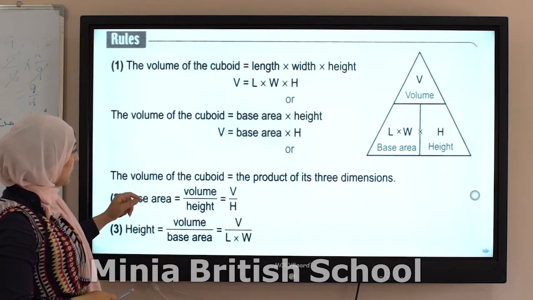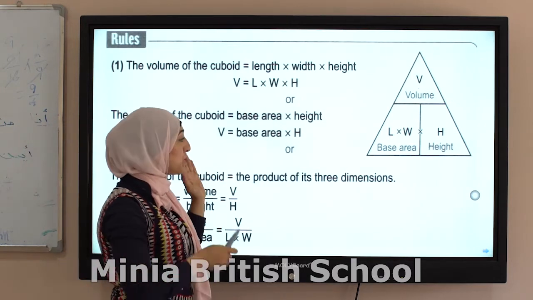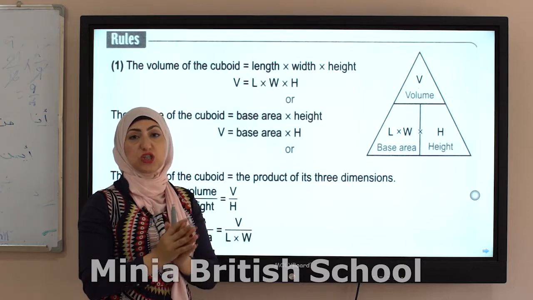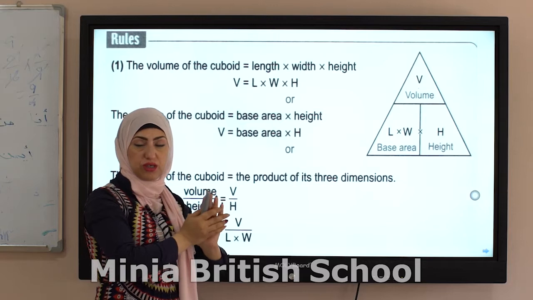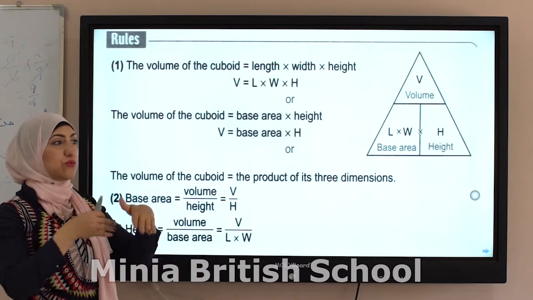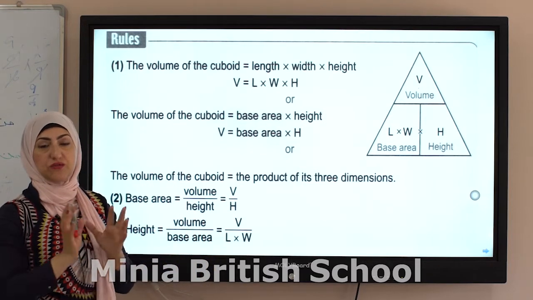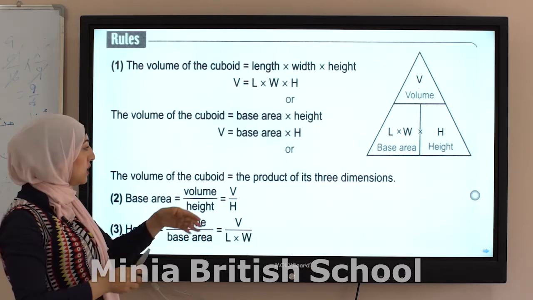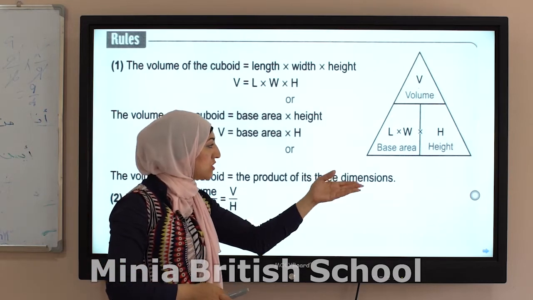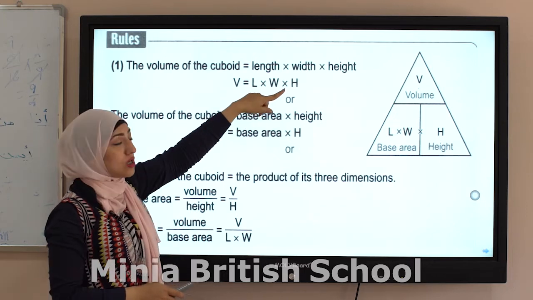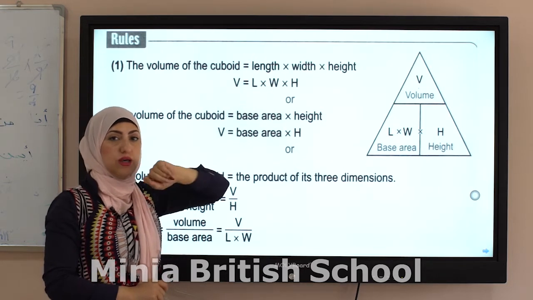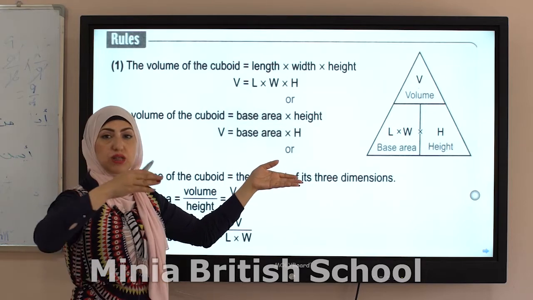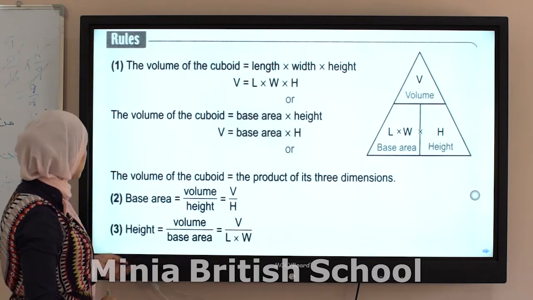Or the volume of the cuboid equals the product of its three dimensions, because these are the three dimensions of the cuboid: length, width and height. The product means multiply them together.